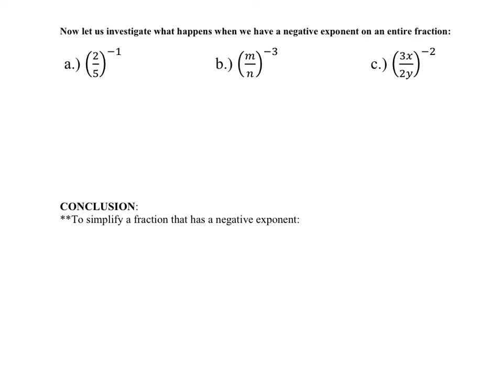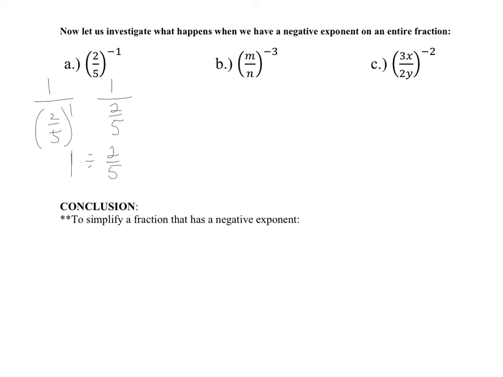I'm going to first look at A like, okay, I have this negative 1 exponent on the outside here. This means that I'm going to do 1 over this entire fraction to the first power. So that's one way of looking at it, is to say, okay, that's going to be 1 over 2/5 to now the positive first power, which really just means 1 over 2/5, because 2/5 to the first power is just 2/5, which then means 1 divided by 2/5, right?